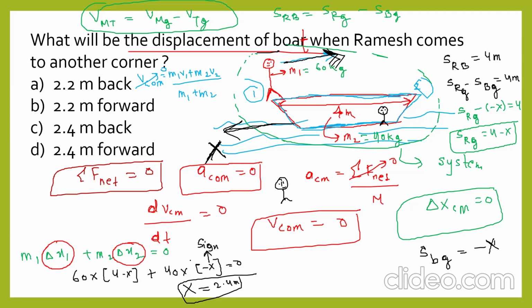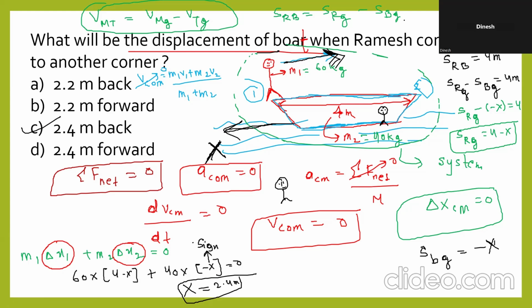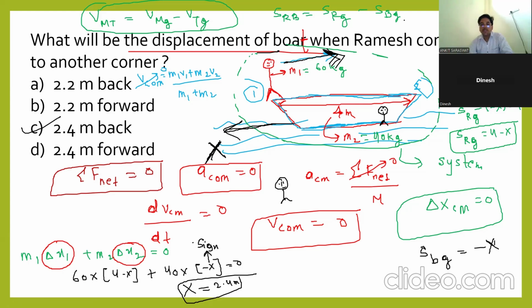So in the answer you will get magnitude only, plus 2.4. Clear? So your answer is 2.4 meter back. If you take the sign already, then the sign will not come again. The quantity which you are going to solve, if you take the sign already, the sign will not come again. Is it okay?